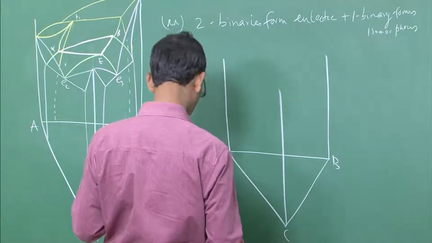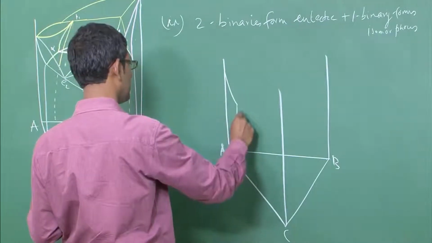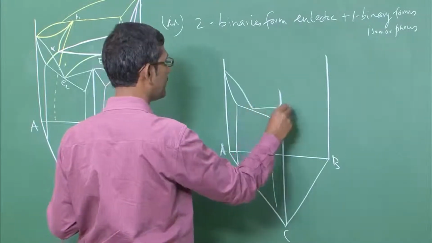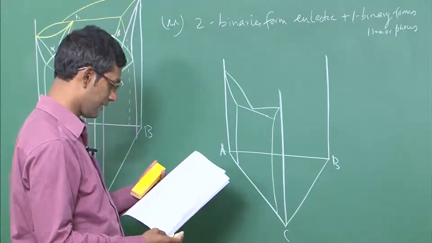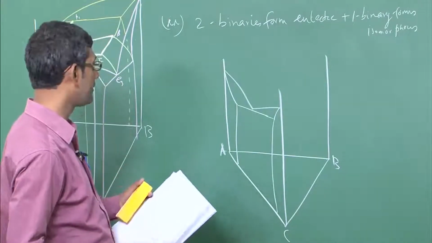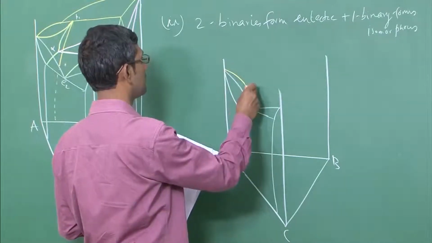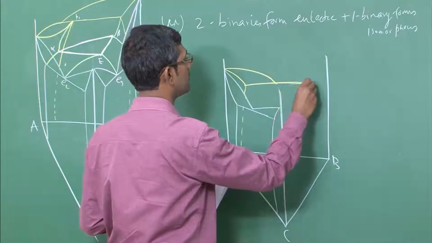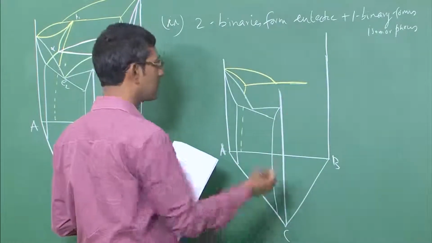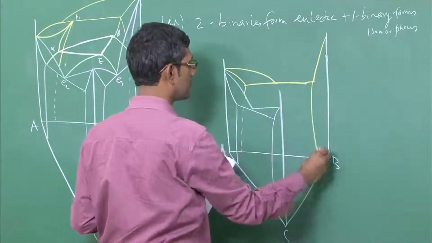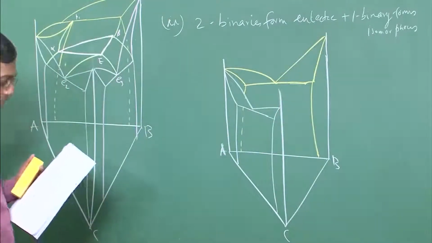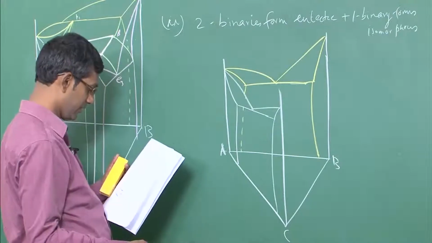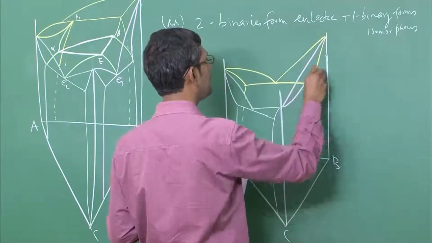So, first the binary between A and C forms the first eutectic, you can see here, and the second eutectic is between A and B. This is also done, very clearly seen, and the third one will form an isomorphous, between B and C. Okay.